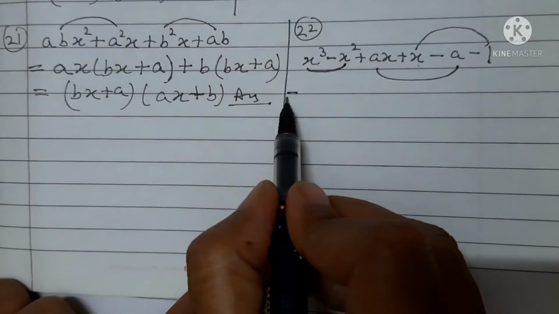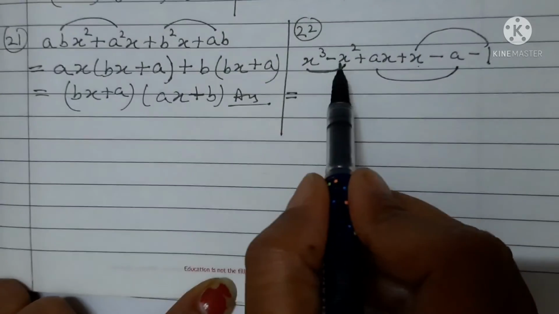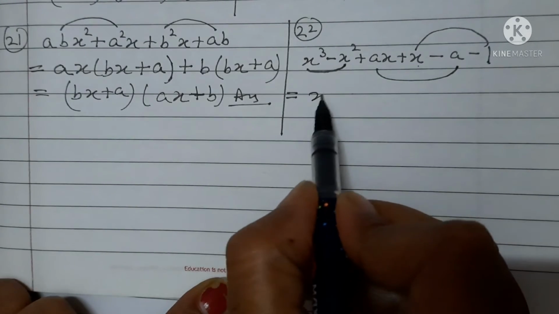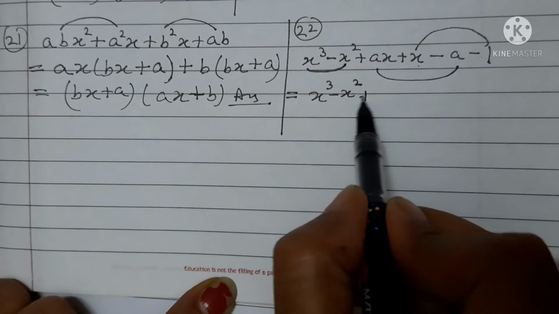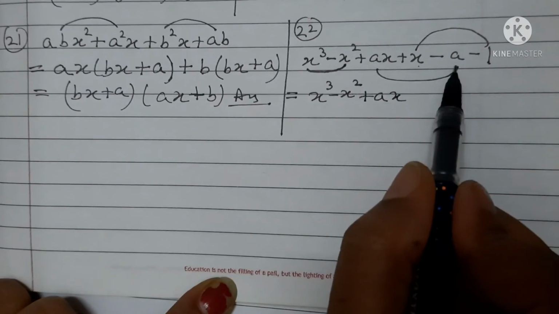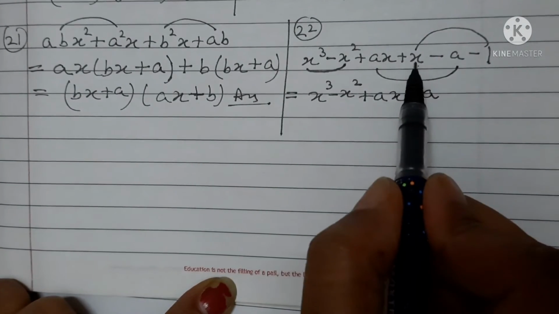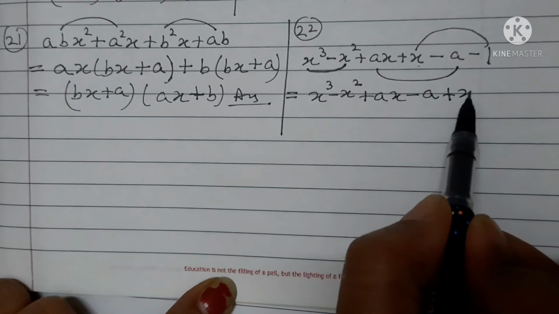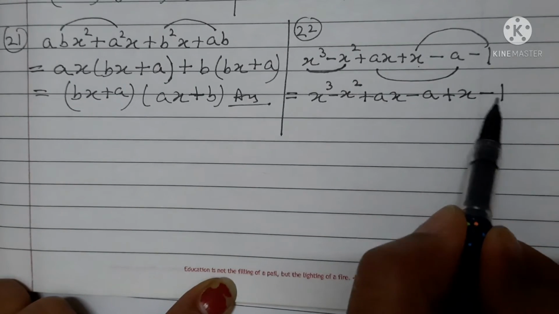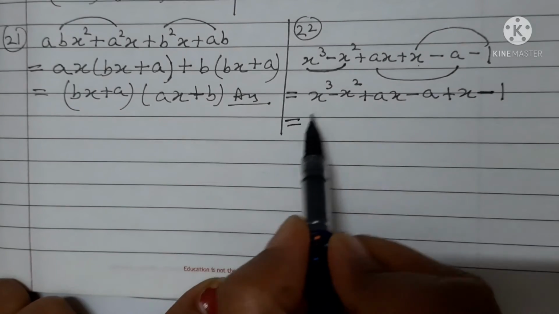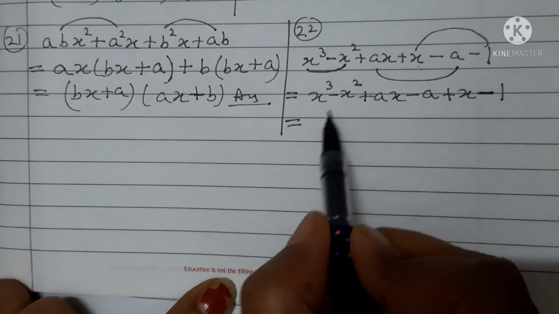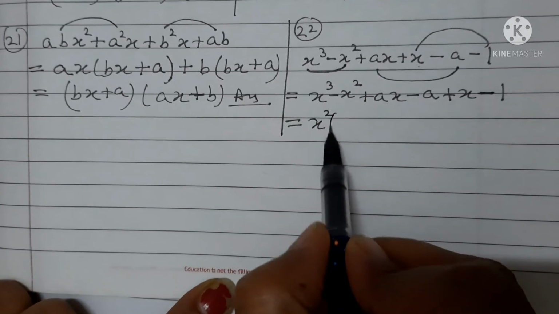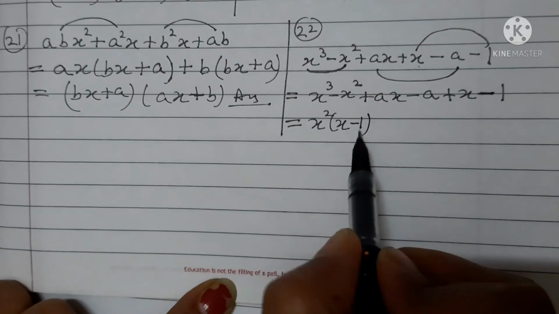Now what happens? Write down together x cube minus x square, and here plus ax and this minus a, then plus x minus 1. Now take common from these two, x square you can take common and x minus 1 in the bracket.